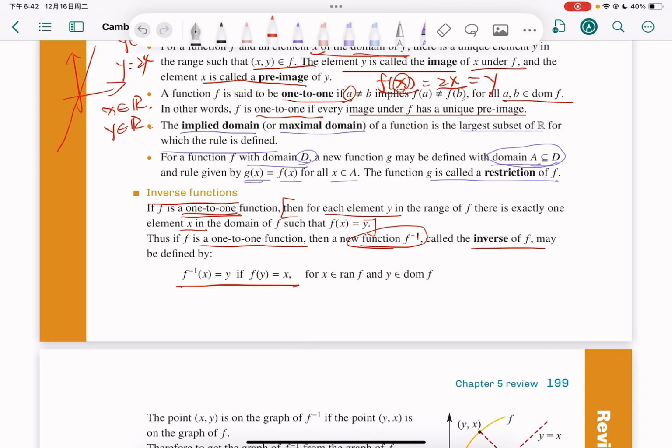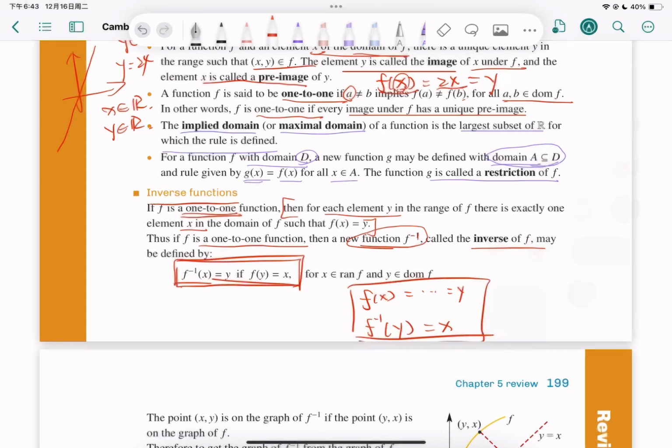So normally we have f(x) is equal to a function which is equal to y. Now we have f inverse of x. So if we have f(x) is equal to y, then our input is x and output is y.